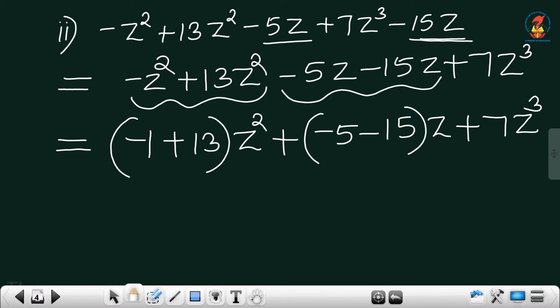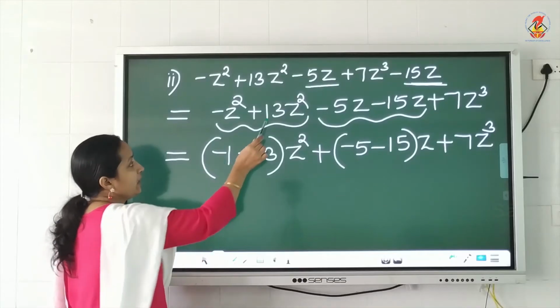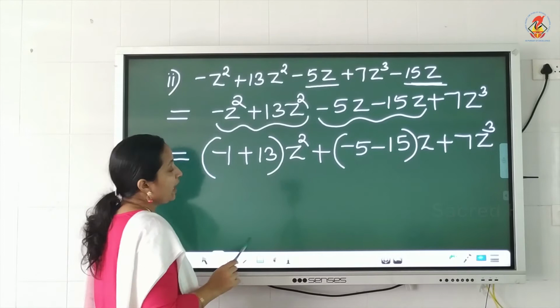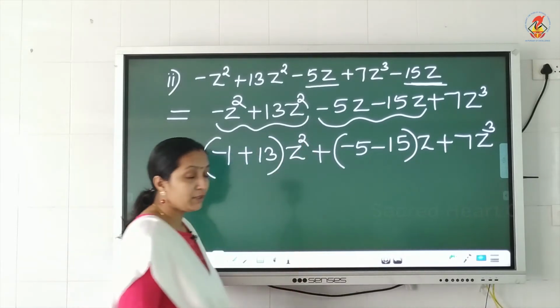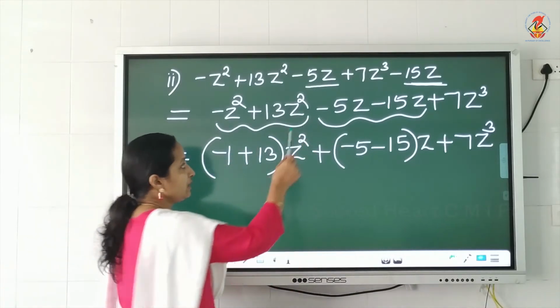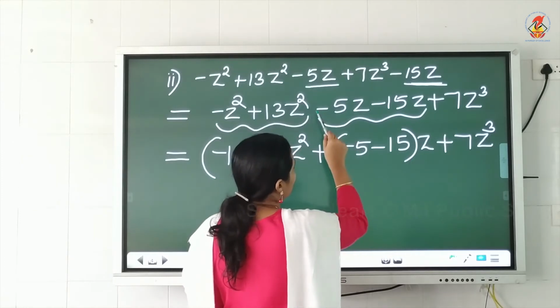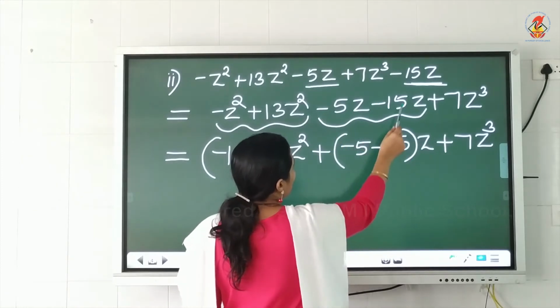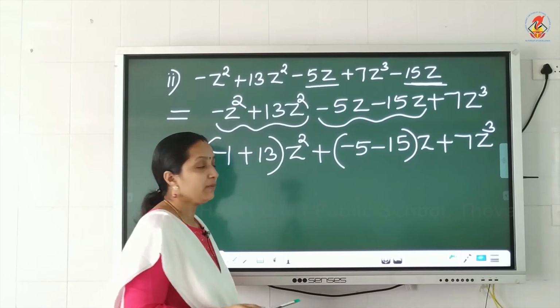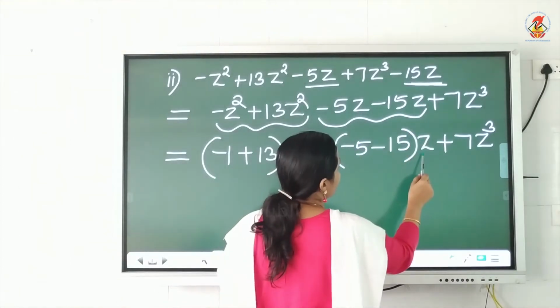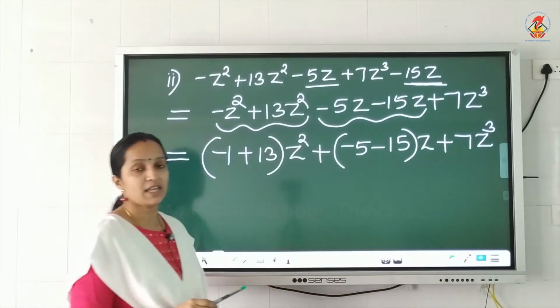Okay, children, so first we write the numerical coefficient from each like term. Here the numerical coefficient is 1, here the numerical coefficient is 13. And you know that terms are added to form expressions. So that means this negative sign belongs to this term. So you can write it as negative 5 minus 15. Okay. And which is the variable here? z is the variable. So you can write z plus 7z cube.